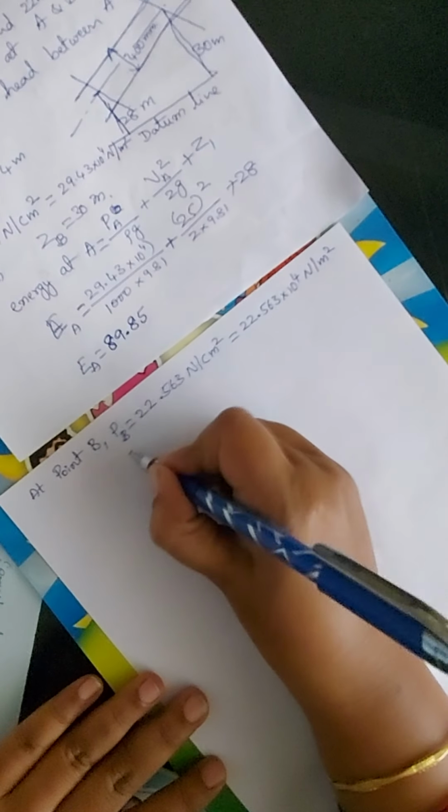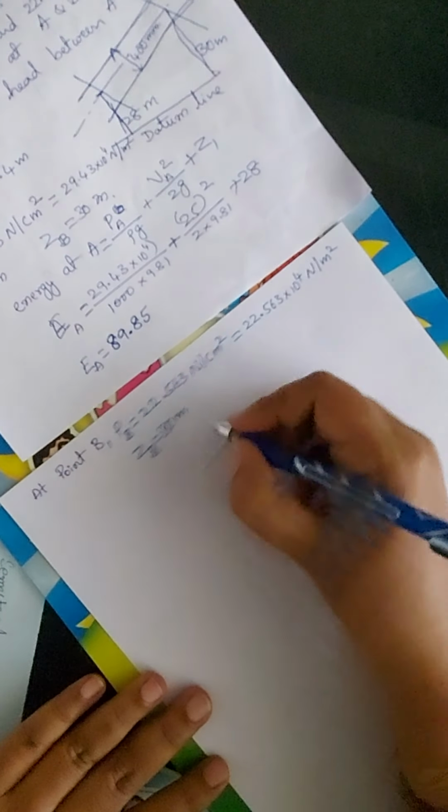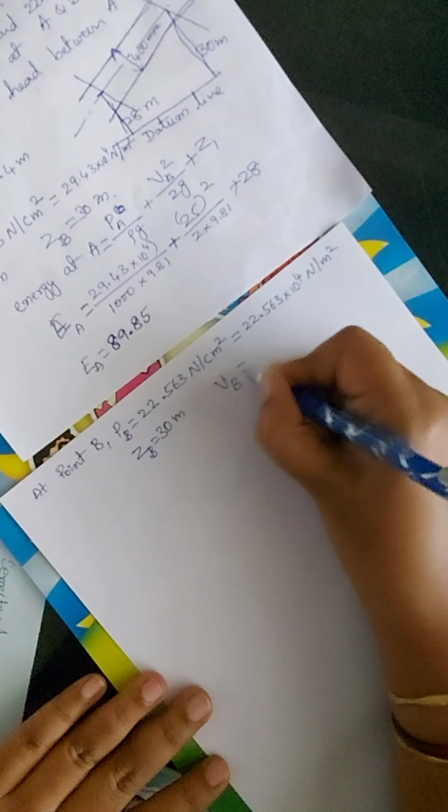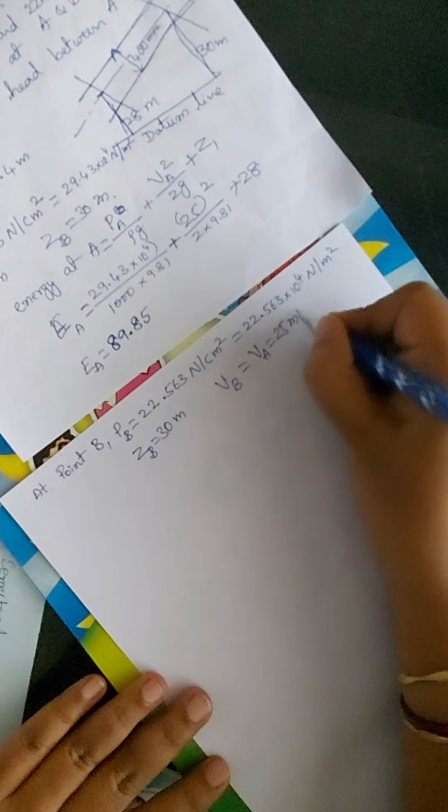Next, the datum ZB is equal to 30 meters. Next, VB is equal to VA, that is equal to 25 meters per second.